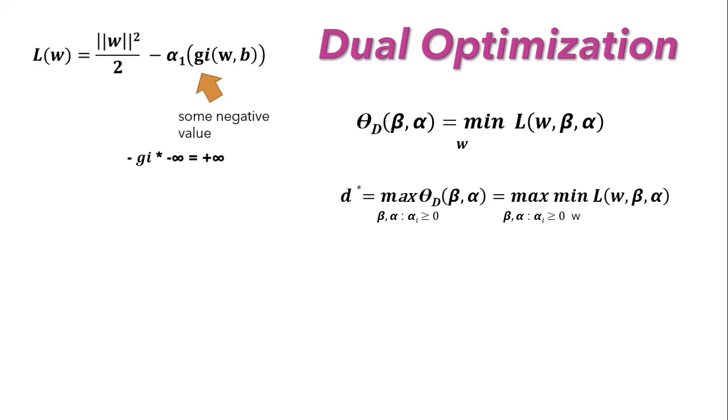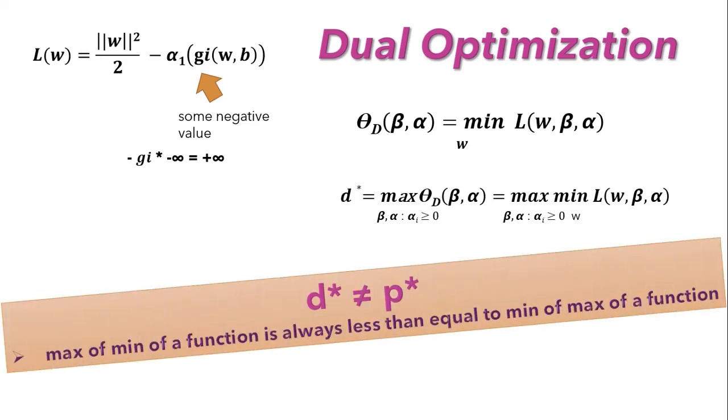In primal optimization, we were first maximizing the function and then minimizing it, which is opposite to this. Just to add one thing, d star will not always be equal to p star. In some cases it may be, but most of the time d star will be smaller than p star, because max of min of a function is always less than or equal to min of max of a function.